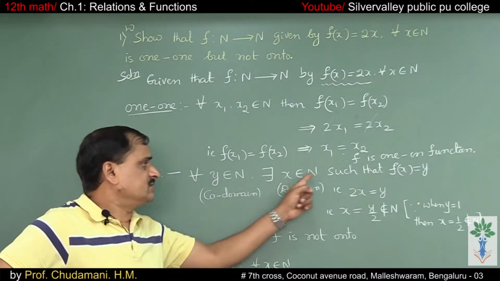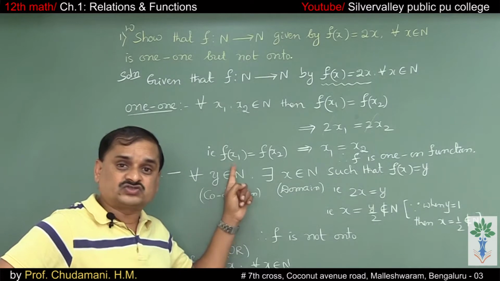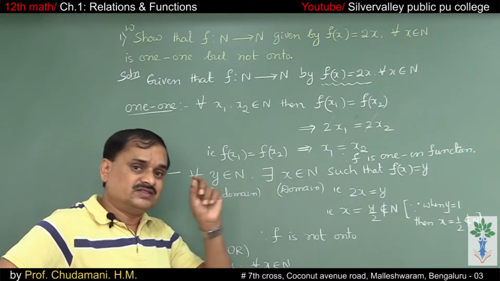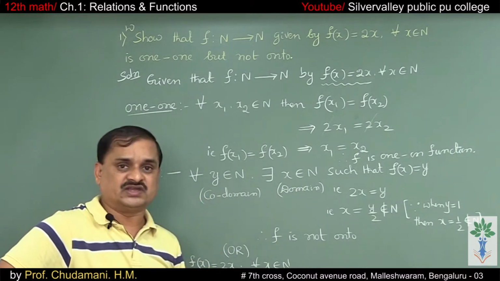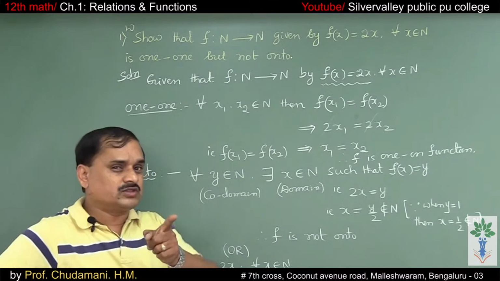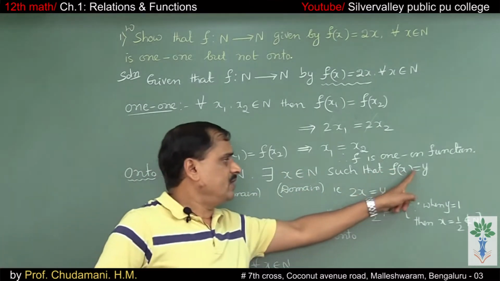This is mathematically how to prove an onto function: for all y belonging to the set B, there exists x belonging to set A such that f of x is equal to y. Here both A and B are natural numbers only. So f of x equals y.